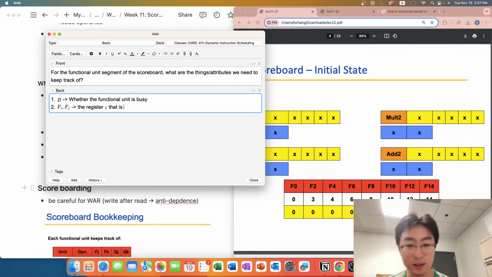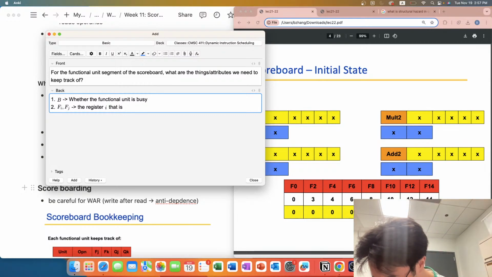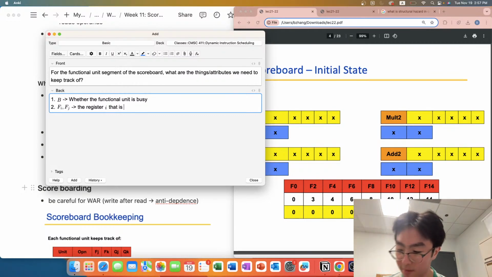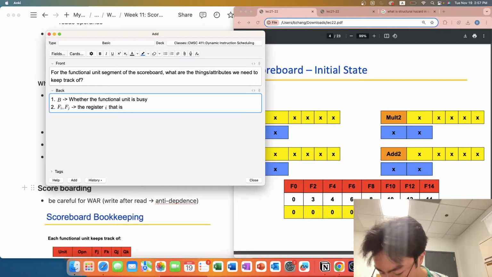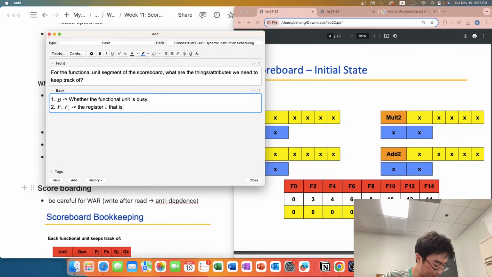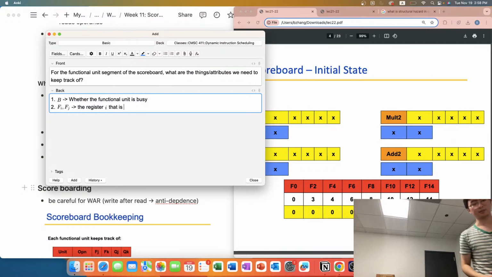Also, my computer's about to die, so I gotta charge it real quick. Oh no, doesn't seem like there's a charger here though. But oh wait, I think there is. I just have to unplug something.